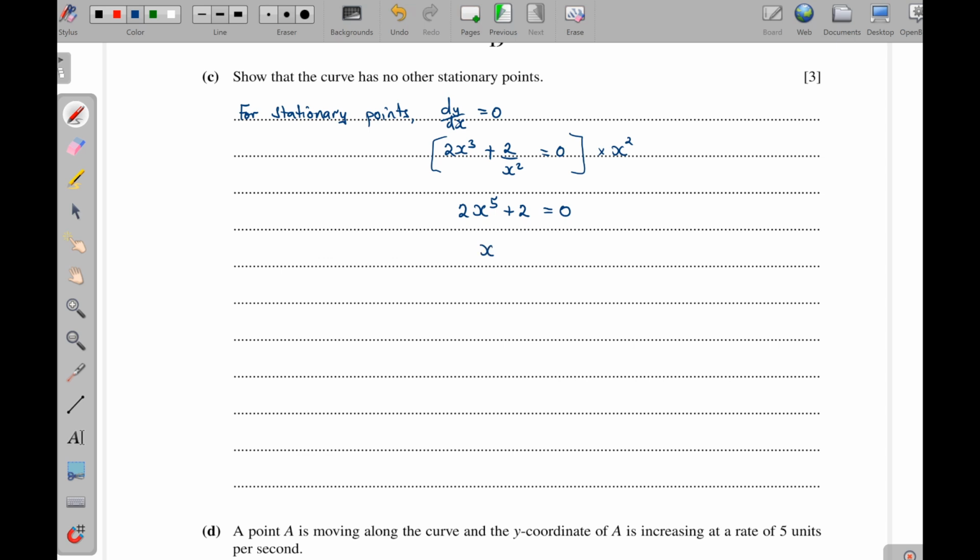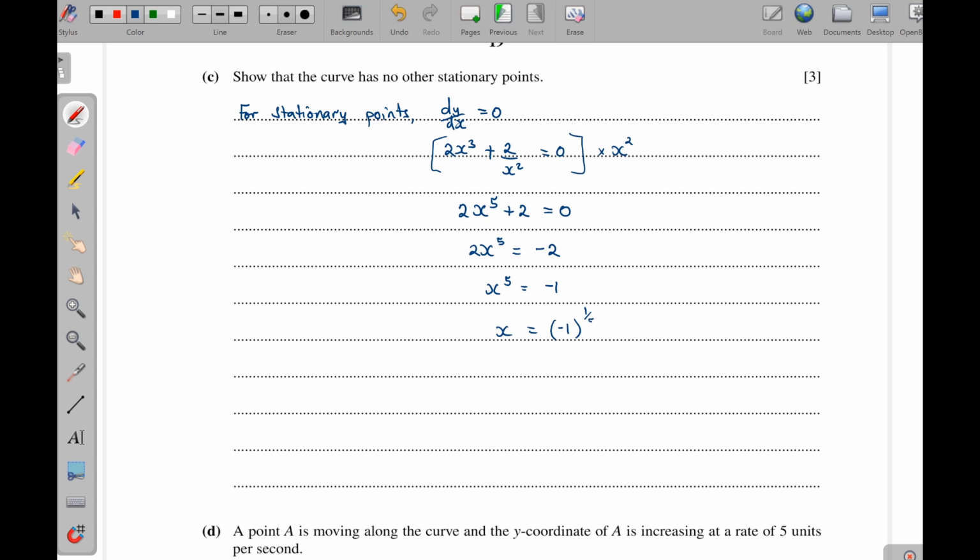And then x power 5 here. We shall have the 2 going this side, and the negative we divide all through by negative 2. And then we have x power 5, which is equal to negative 1. And then x becomes the fifth root of negative 1.